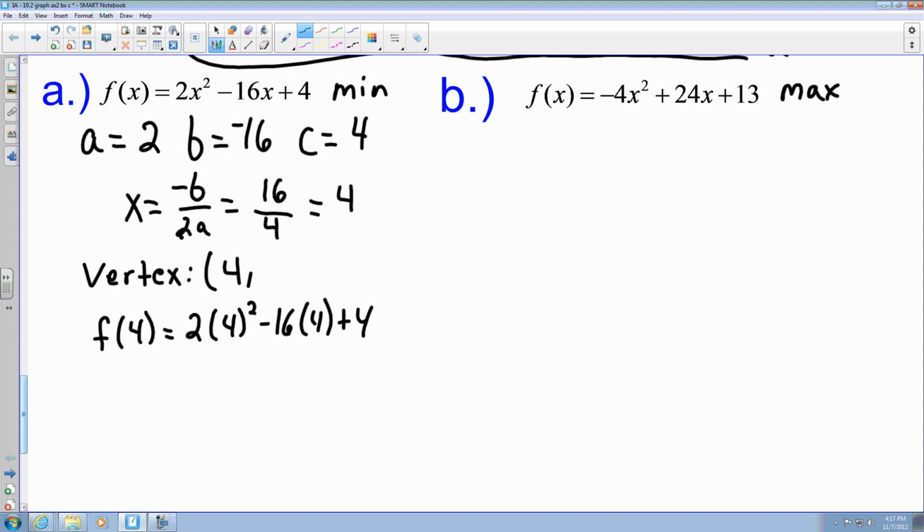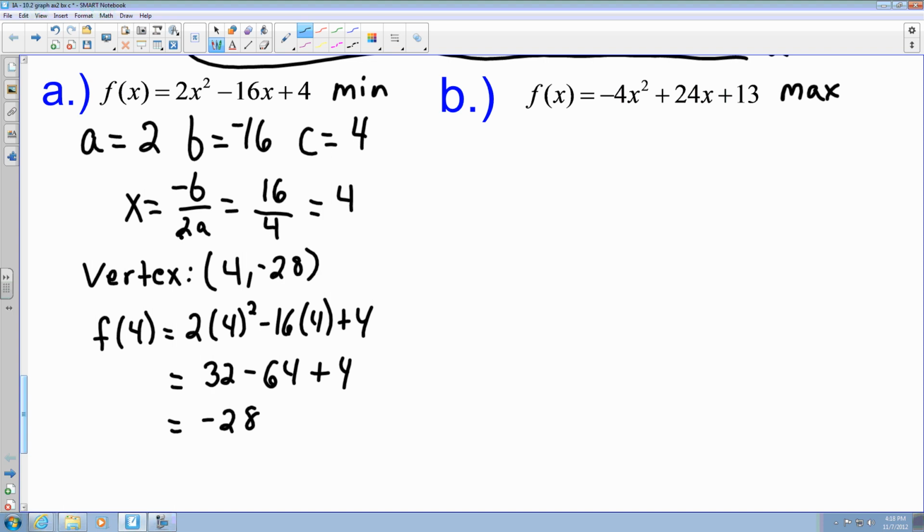And 4 squared gives me 16, times 2 is 32. 16 times 4, I have the negative, so that gives me a negative 64, and then plus 4. And bringing those all together, I get a result of negative 28. So my vertex would be 4 comma negative 28.